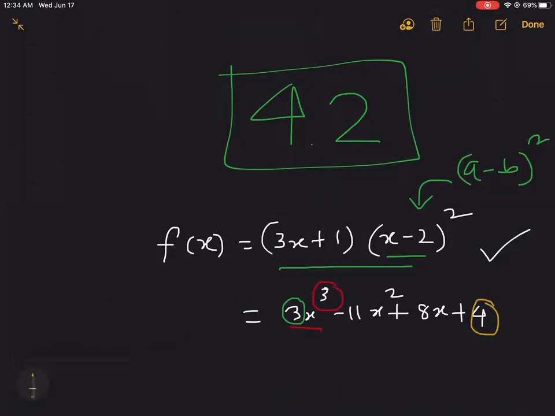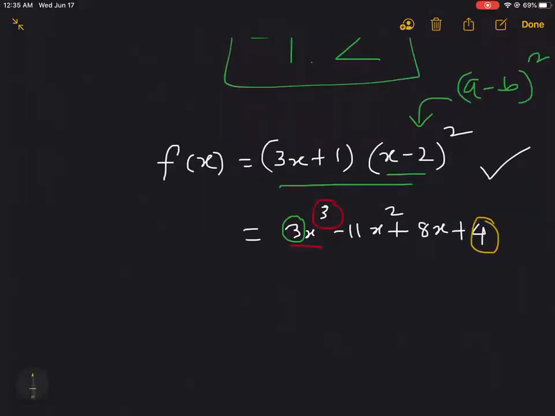Now, we want to find the x and y intercepts, right? If you remember, we actually did this last time. We'll follow the same procedure in this problem as well. So for the x-intercept, or rather the y-intercept, we'll plug in 0 in place of the function, and solve it for x.